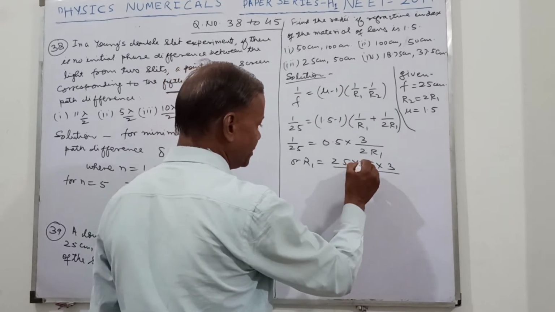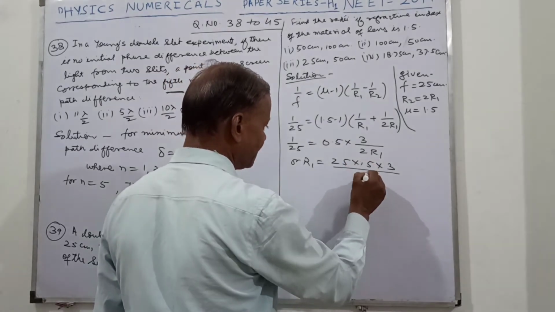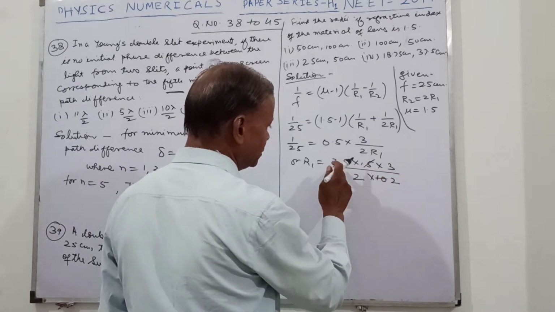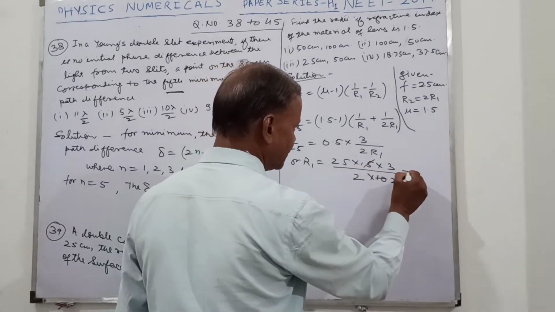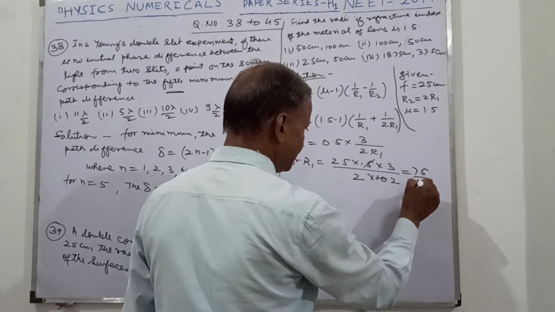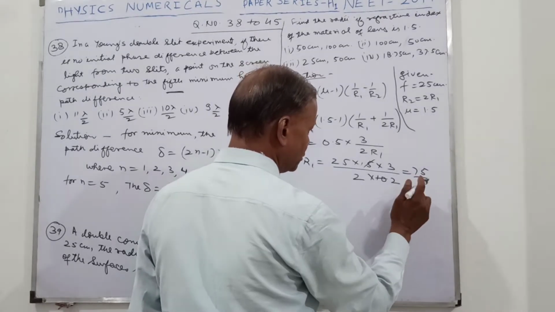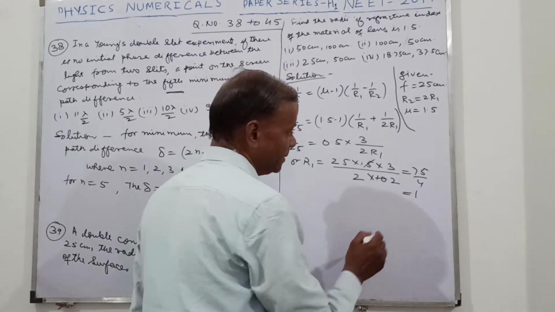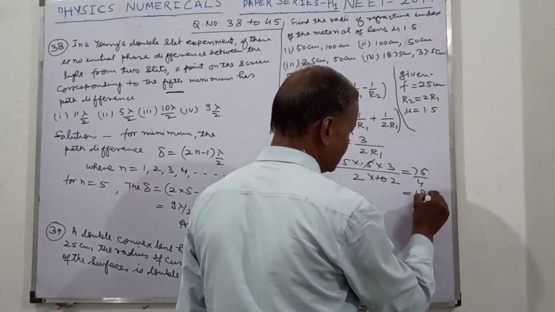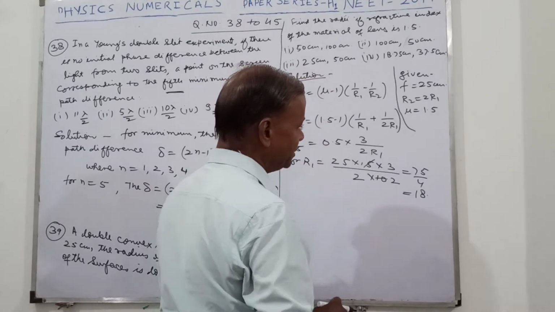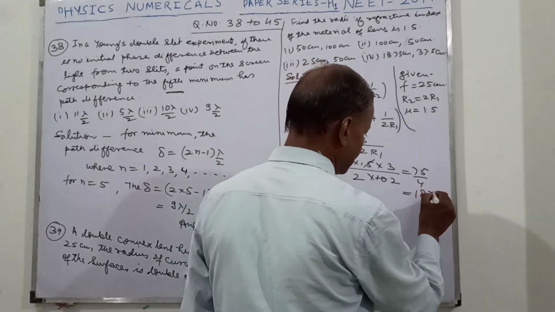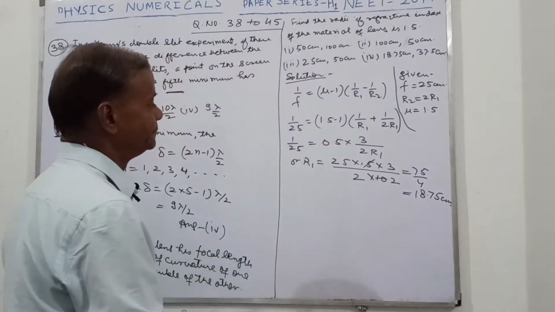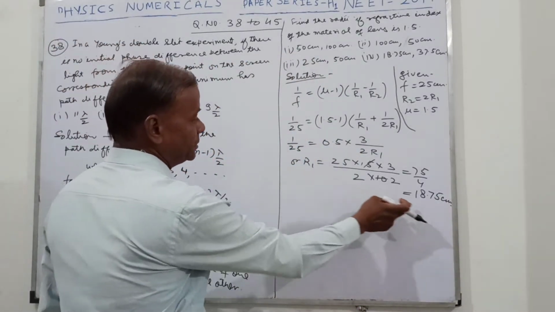So this is your 75 upon 4, which gives 18.75. This is the value of R1.